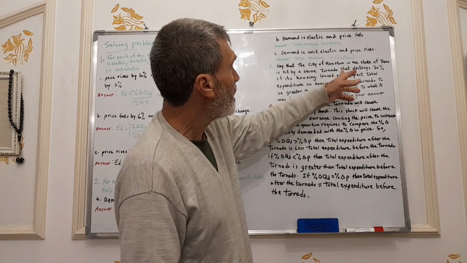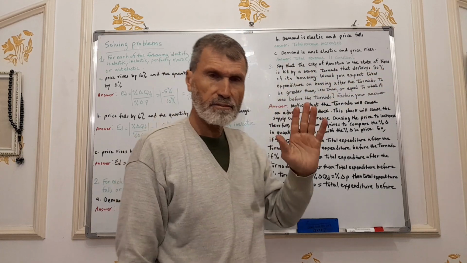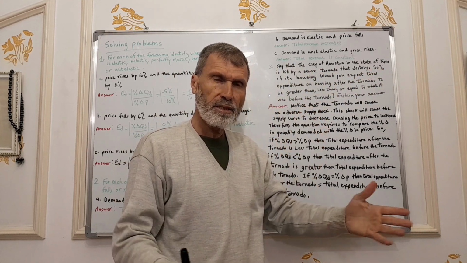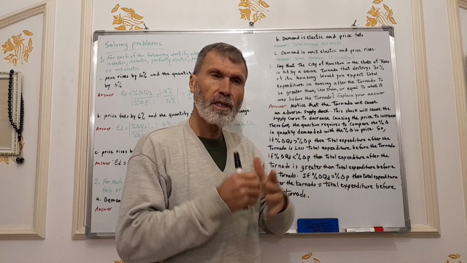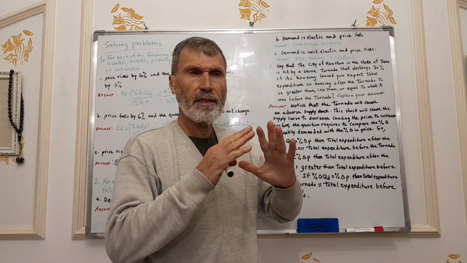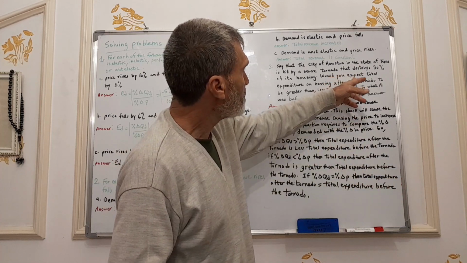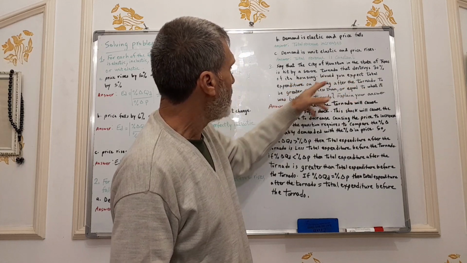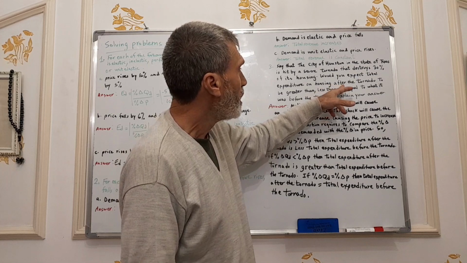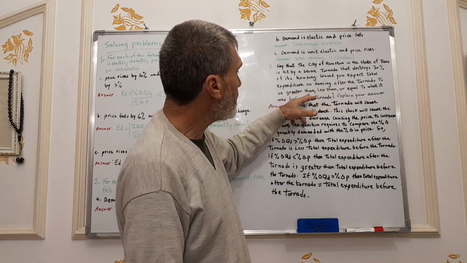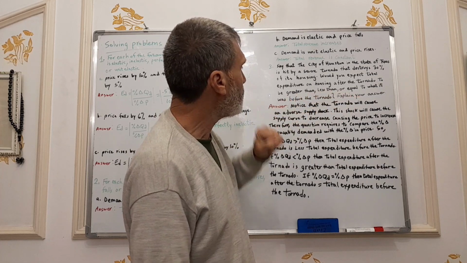So that destroys 30% of the housing in the area of Houston. Would you expect total expenditure on housing after the tornado to be greater than, less than, or equal to what it was before the tornado?